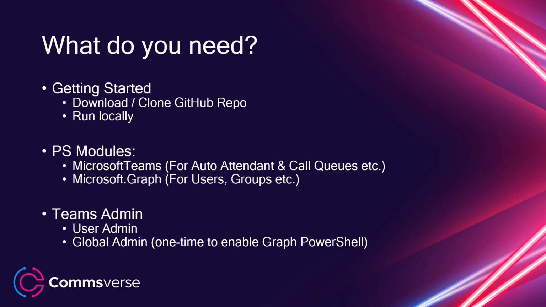We need a few PowerShell modules like Microsoft Teams, obviously, to read the settings of call queues and auto attendants, and also Microsoft Graph to read display names of users and groups, etc. And then we also need admin access for Microsoft Teams, also user admin, and because we're using Microsoft Graph, we also need global admin to consent the application for the first time. This is one time only, but maybe your organization has already enabled Graph PowerShell, then it's not needed in this case.